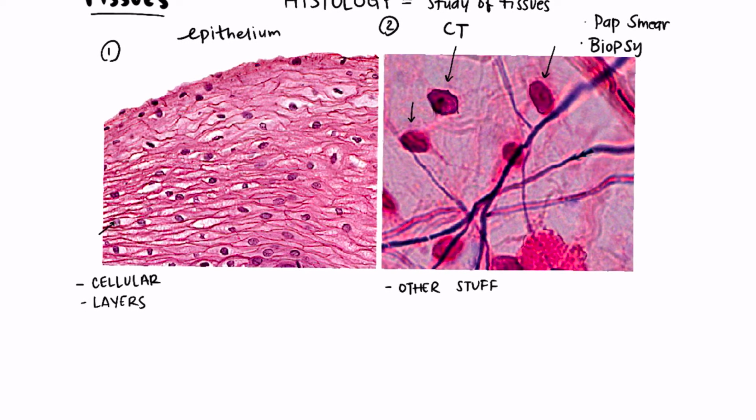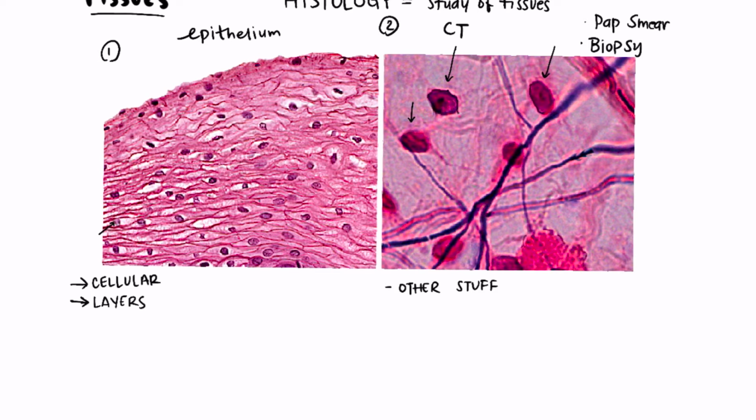Okay, so epithelium is organized in layers, just like we saw. And it also has a lot of cells, as you can see in this picture. This is just one type of epithelium. In the next video, you're going to see that there are multiple types of epithelium. And in lab, you will see these beneath the microscope.